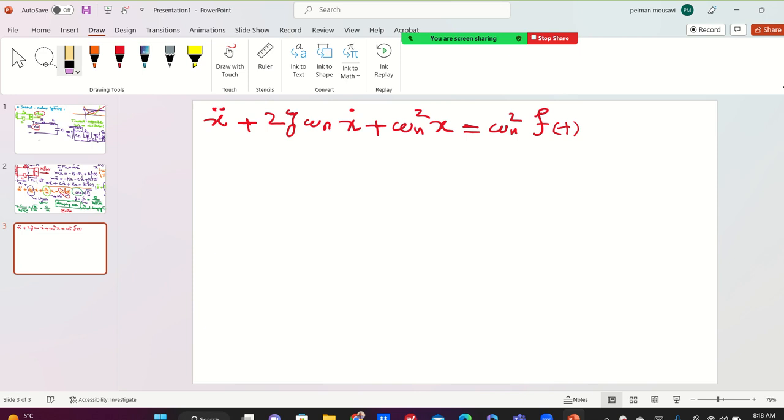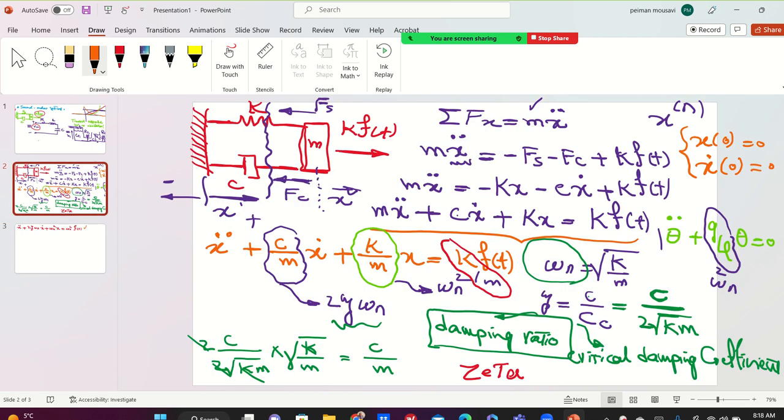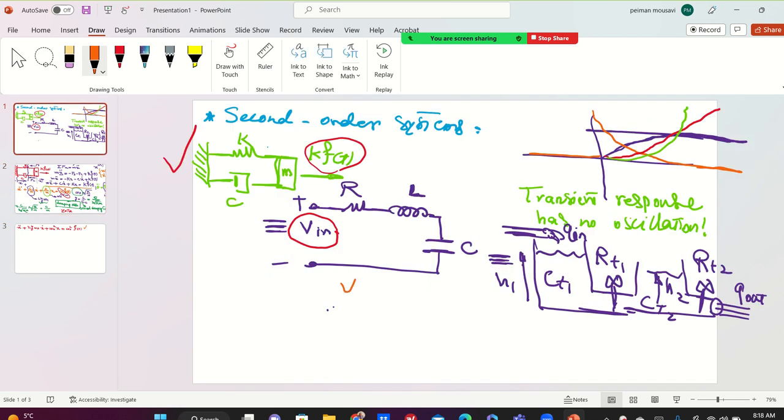This is valid, as I'm going to show you guys, not only for the mass spring damper, but also for the RLC circuit and for tanks of water in series. Your RLC circuit has a natural frequency to oscillate. Your tank of water has a natural frequency to oscillate.